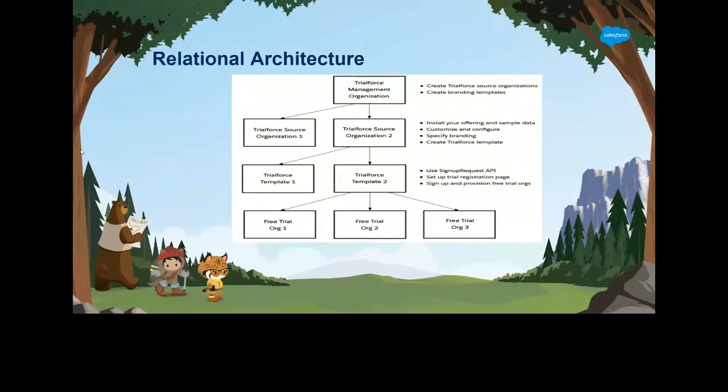So this says the same. If you need more control and customization, you should go with the programmatic approach. And here is the API detail, which you can explore in the developer guide for more details. I will try to cover more information on this sign up request API in the coming slides as well. Okay. Next slide, please.